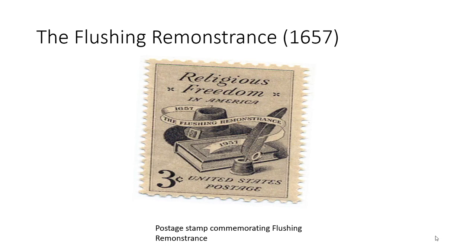They were being persecuted to some degree, and the Flushing Remonstrance was a letter, a petition, signed by a handful of citizens demanding better treatment of Quakers. What makes this document remarkable is that it wasn't signed by any Quakers. These were all non-Quakers concerned about the rights of a religious group that none of them were members of.